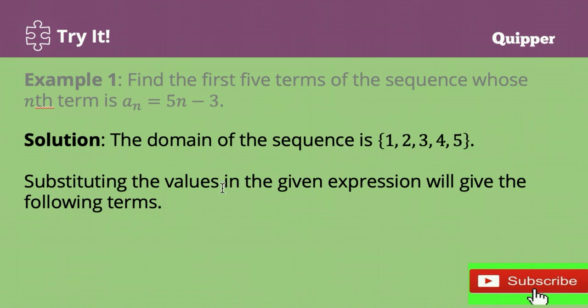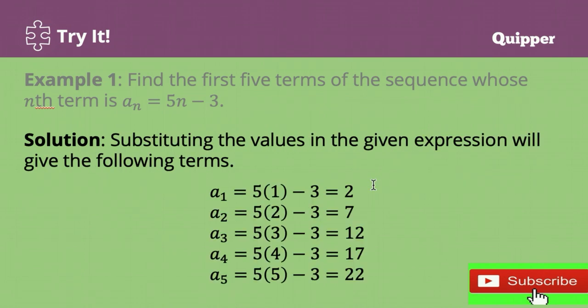Now, substituting the values in the given expression will give the following terms. We have a sub 1 or the first term. Substitute 1 since this is the first term. You have 5 times 1 minus 3 is equal to 2. Then second term, 5 times 2 minus 3, which is equal to 7.